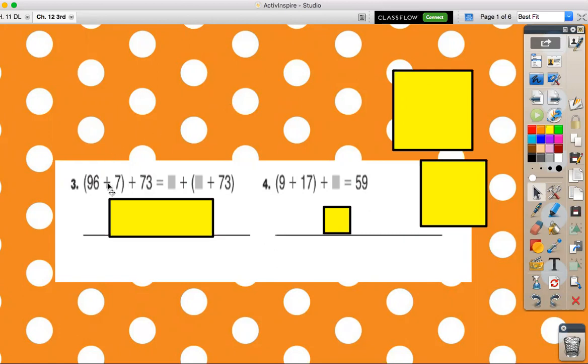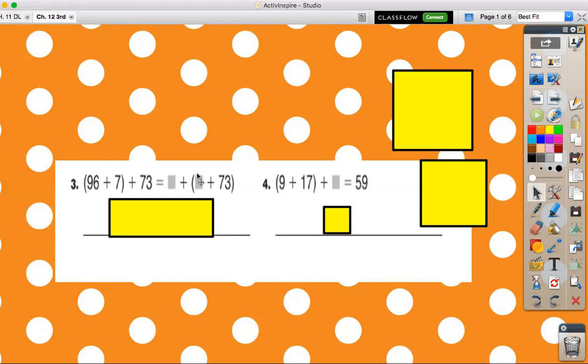We're looking at something that we have already done many times at the beginning of the year. Right here, we're looking at the commutative property of addition. Basically, it tells us that we can move our parentheses around and still get the same exact sum. So if we look over here at 96 plus 7 in parentheses, plus 73, which is outside the parentheses, how can we make this look the same over here as it does over there?